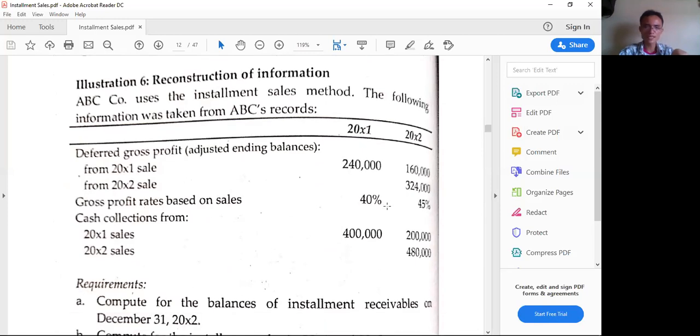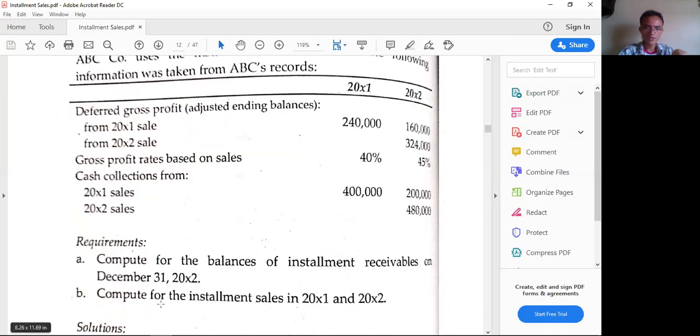There are missing items. You can notice with the requirements, we have to get the balances of installment receivables in the year 20x2, which is the second year, and the installment sales. So let's look at the given DGP, GPR, and the cash collections.